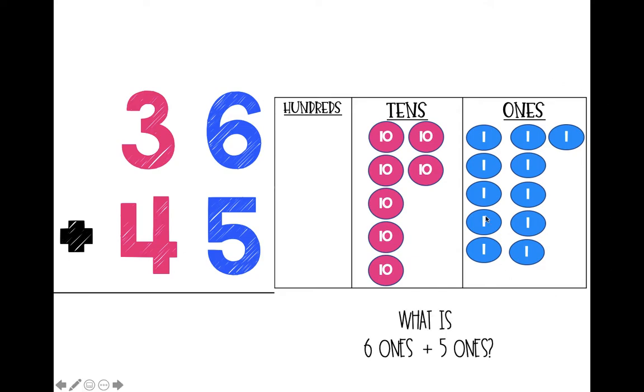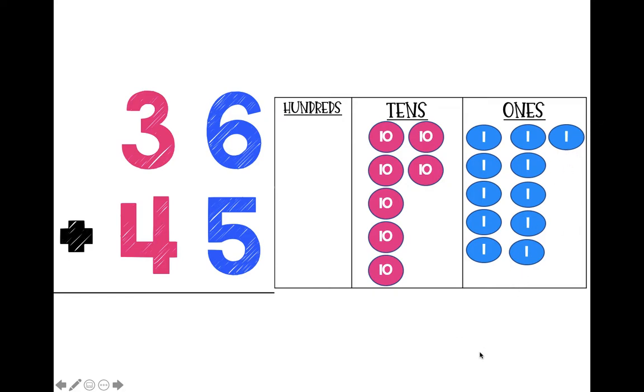Let's look at our ones place first. We are always going to look at our ones place first. We can never skip over to our tens place. We have to start with our ones, okay? So let's see, what is 6 ones plus 5 ones? Let's count together. 1, 2, 3, 4, 5, 6, 7, 8, 9, 10, 11.